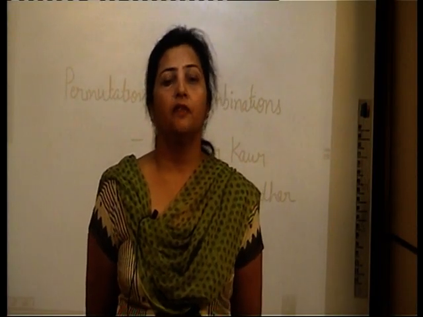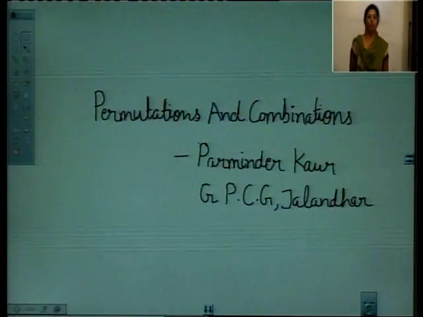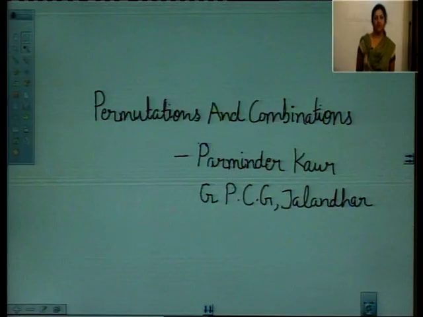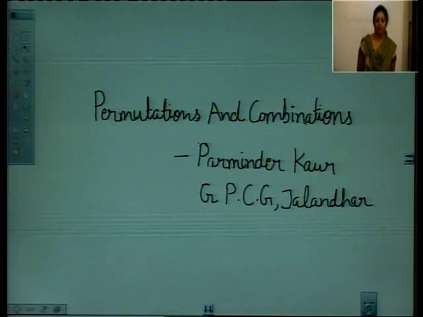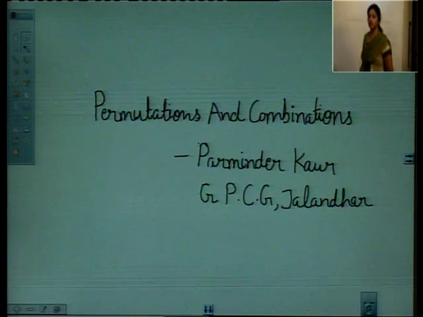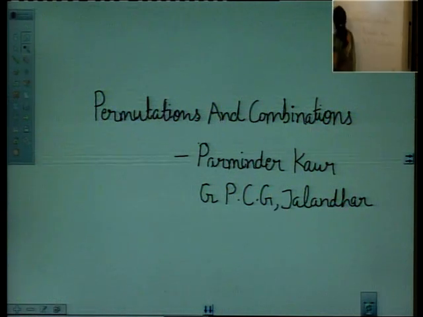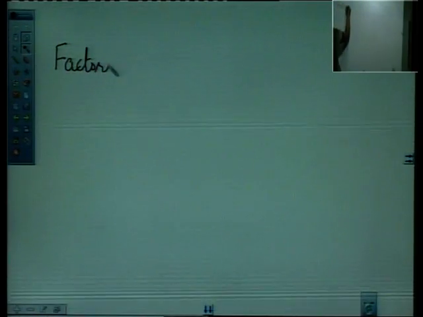Before starting permutations and combinations, we must have the knowledge of factorial. We must understand the term factorial. We start with the definition of factorial. How do we define factorial?